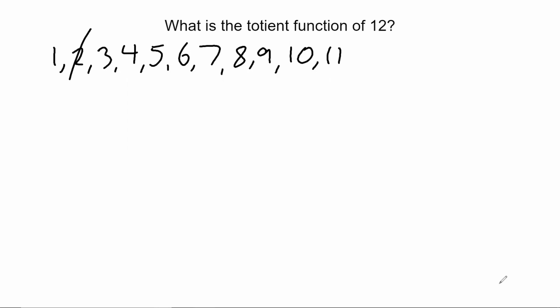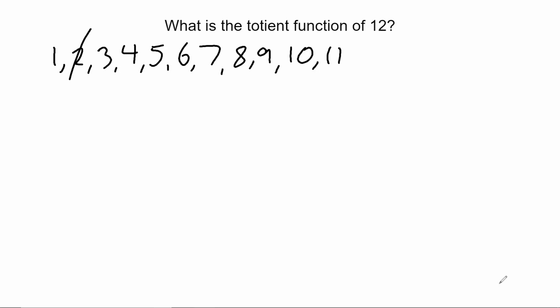So can you guys list out all the other numbers that we would have to cancel out? Okay, some of you are typing good things.